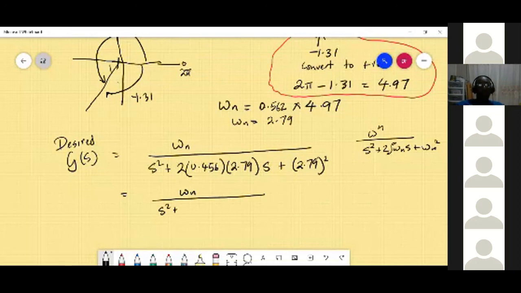I got 2.54 for this part. So tell me if that's what you get. Same thing, sir. And what's the next part? 2.79 squared, 7.78.